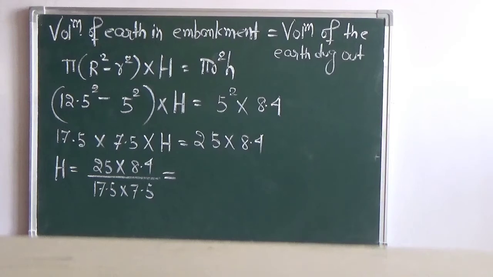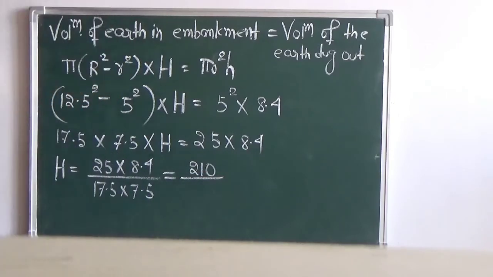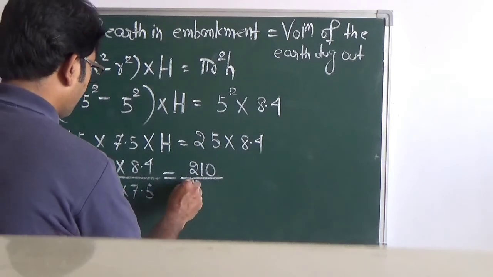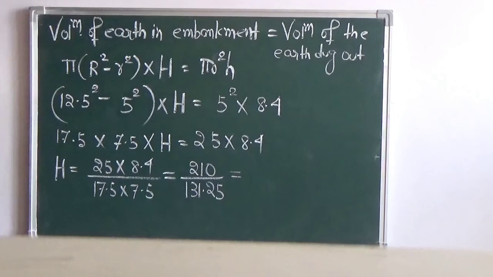Now you need to calculate how much it is coming. 25 multiplied by 8.4 is coming to 210. So in the numerator 210, and what is in the denominator? 17.5 multiplied by 7.5, and this is coming to 131.25. Can it be cancelled?